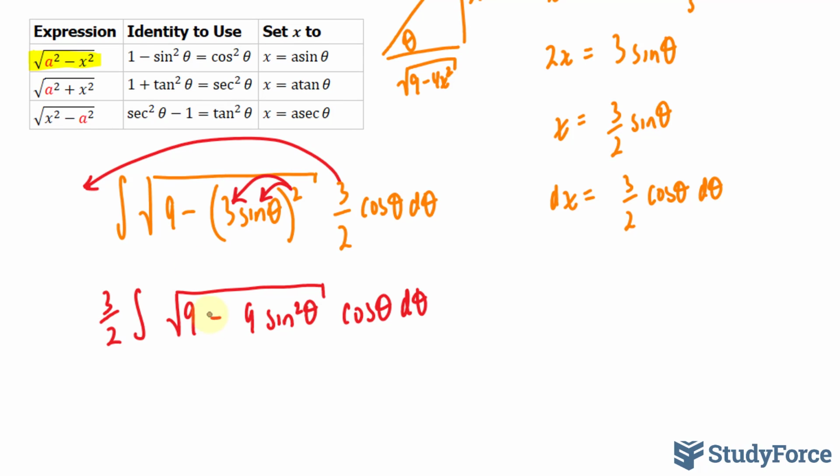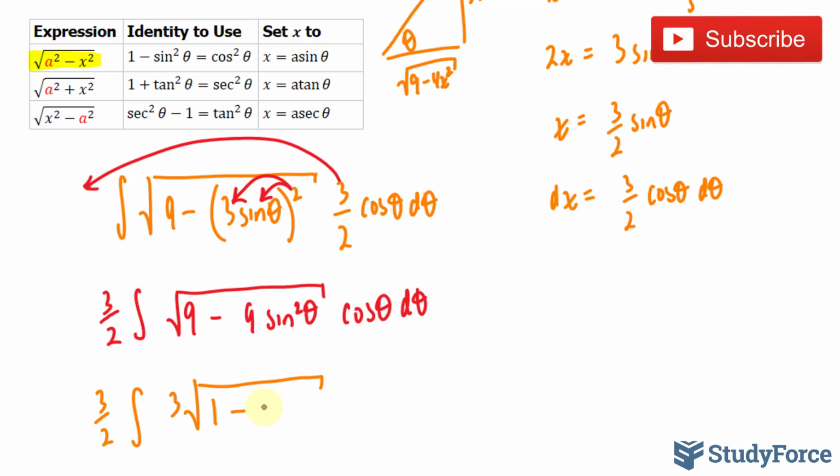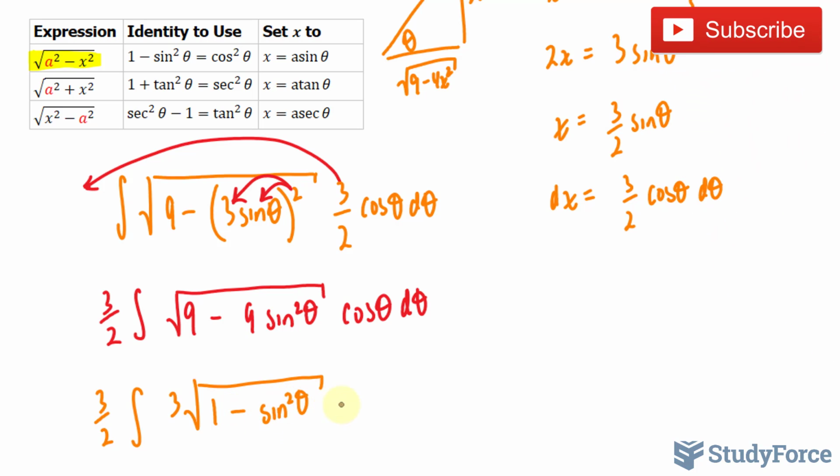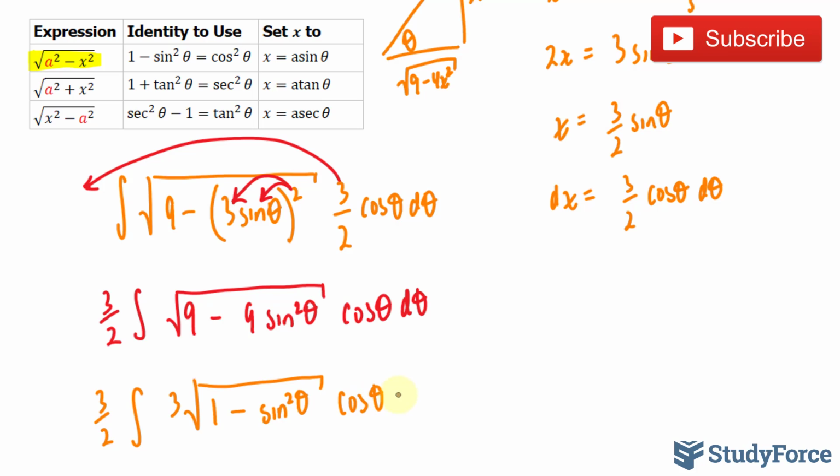I'll factor out a 9 since both of these two terms in the radicand have a 9. We have 3 over 2. 9 being pulled out, factored out, and then square rooted gives us 3. And inside we're left with 1 minus sine squared theta, and the rest remains the way it is. Now take a look at the identity to use when we use this replacement. We have 1 minus sine squared theta is equal to cosine squared theta.